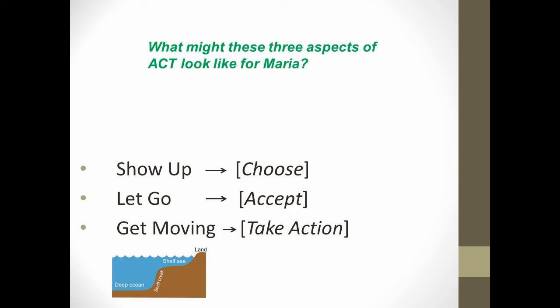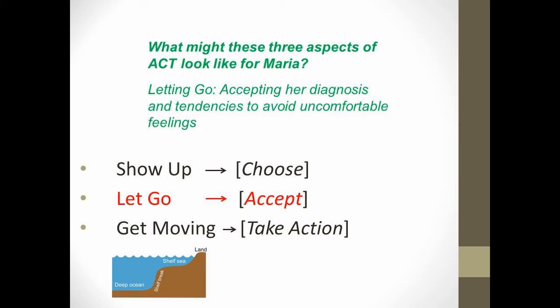Consider what these three aspects, show up, let go, and get moving, might look like for Maria. Using the example of letting go, this may involve helping Maria accept her diagnosis of bipolar disorder and her tendency to avoid uncomfortable feelings and situations.